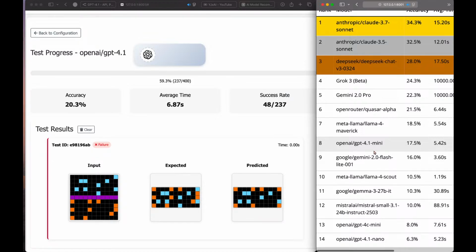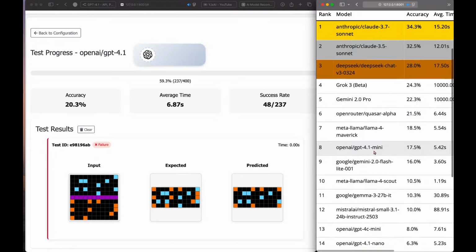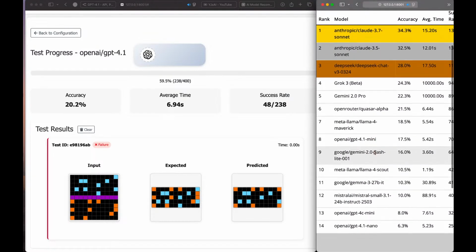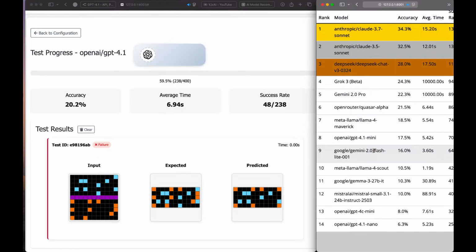I mean, that is equivalent to releasing O4. No, not O4. Yeah, O4. Releasing directly O4. How crazy would that be? And I think they were confident with their model.